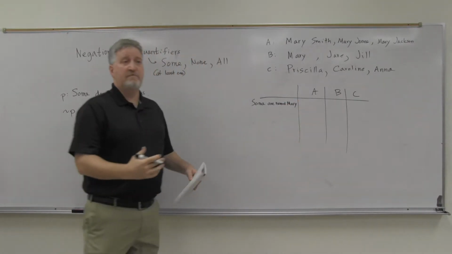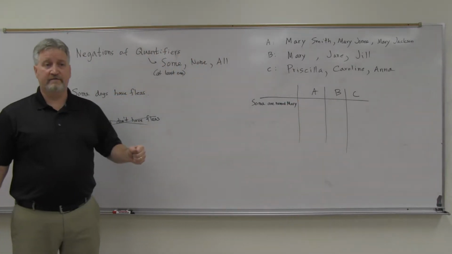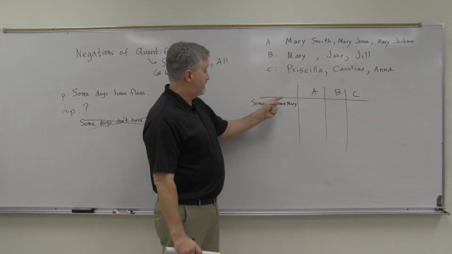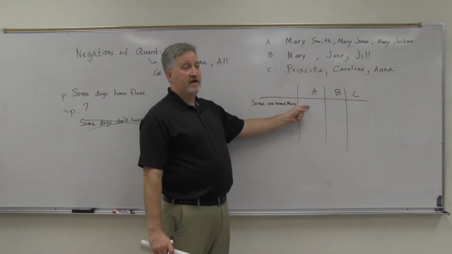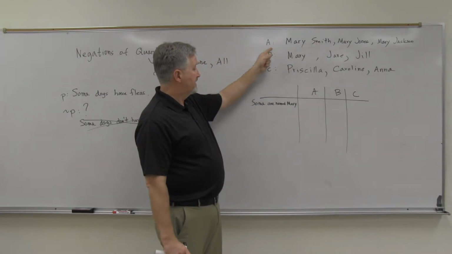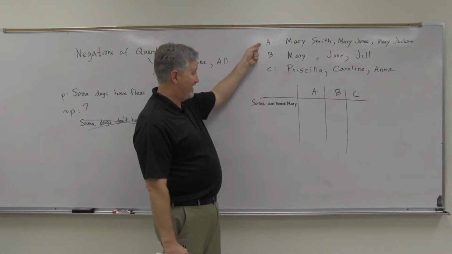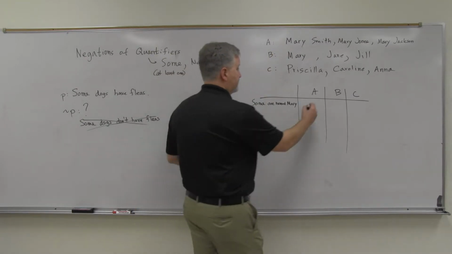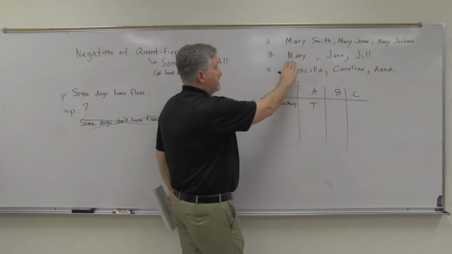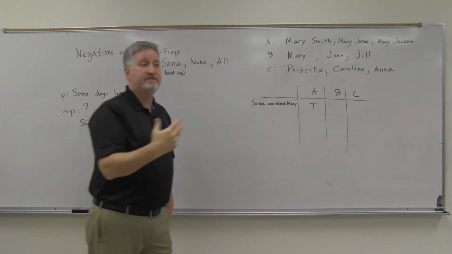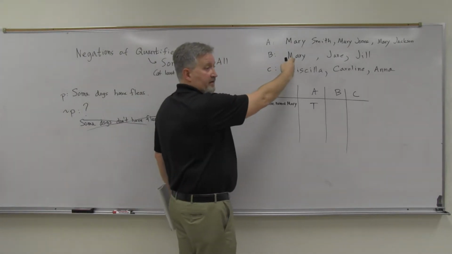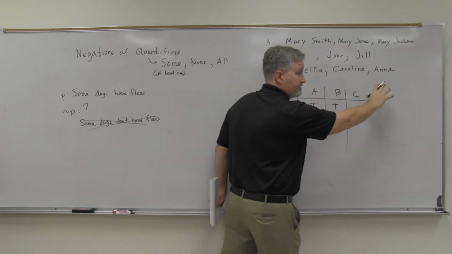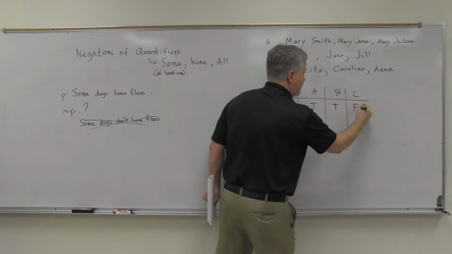Is this statement true about group A? Well, yeah, there are some that are named Mary in group A. That's true. Some of them are named Mary in B? Yep. Again, some meaning at least one. There's at least one named Mary in group B, that's true. And then in group C, are some of them named Mary? False. All right, so that's the idea.